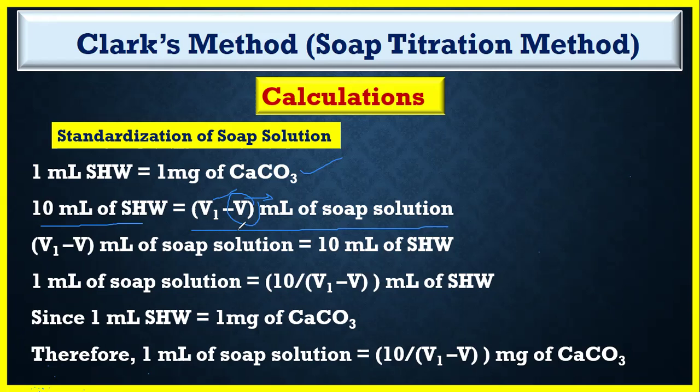So if we want to know only the calcium and magnesium ions consuming this soap solution, then we have to subtract V from the total V1 volume.